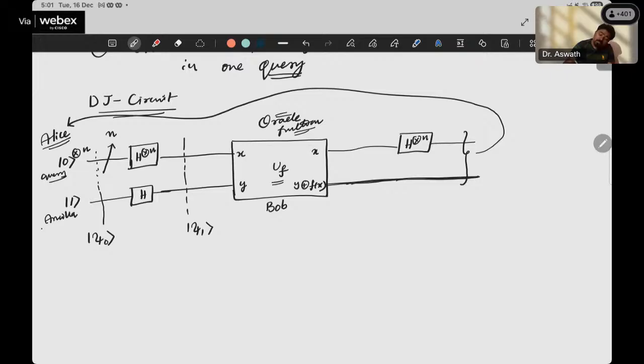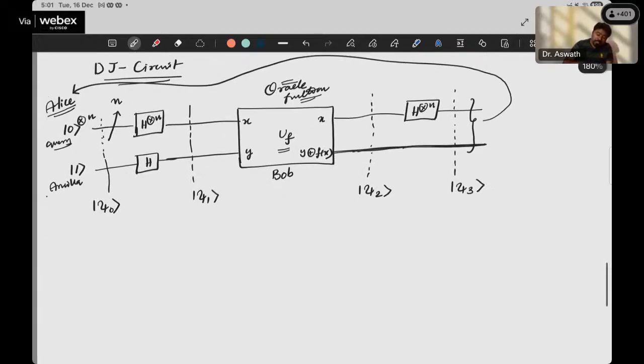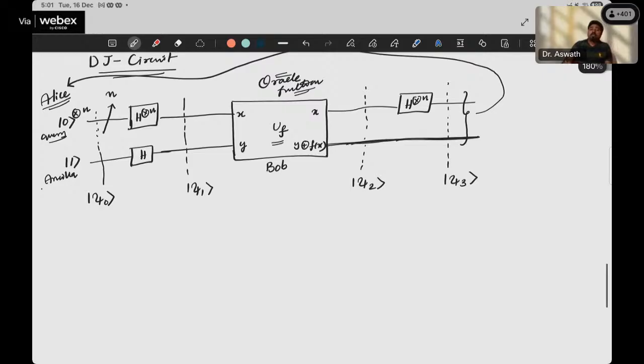And after the unitary function, I can have one more quantum state, psi 2. After the final set of Hadamards, there is another quantum state. Now, if you see, there are 4 layers involved in this quantum system. If you can understand step by step what happens in this quantum circuit, you would really appreciate the role of this circuit in the Deutsch algorithm.